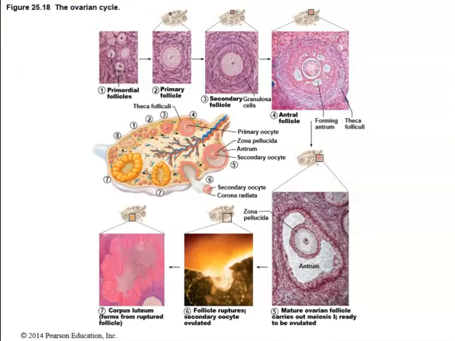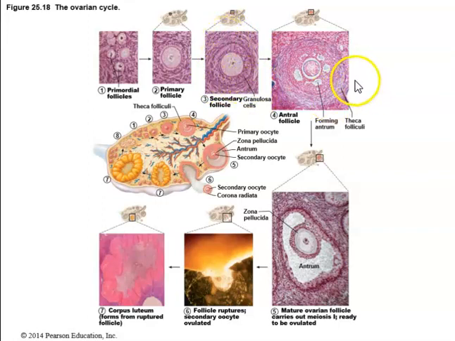So here we just see the different parts of the ovarian cycle. Here we have our primordial follicles that are located in the cortex of the ovary. Primordial follicles will then become primary follicles, which will then become secondary follicles. And we see this layer of granulosa cells within the secondary follicle.